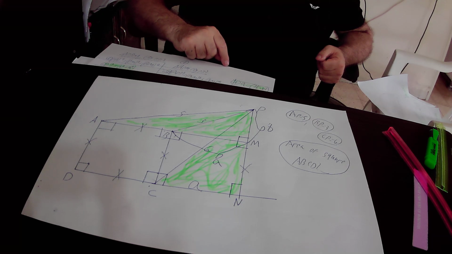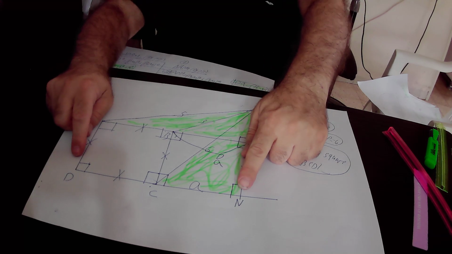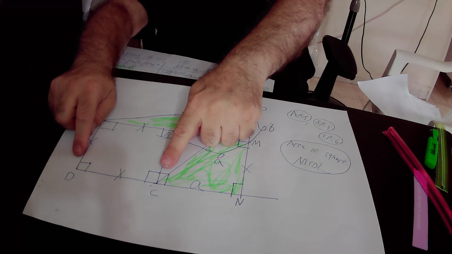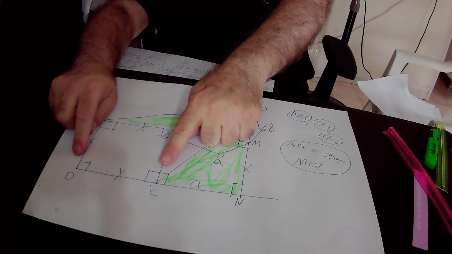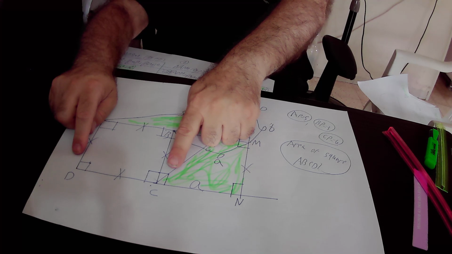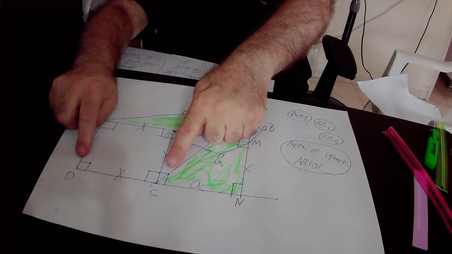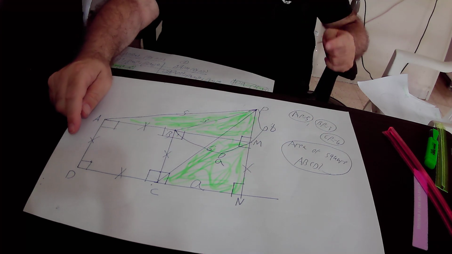If we focus on the upper side of the straight line DN at point C, the sum of the angles must be equal to 180 degrees according to the rule that the sum of the angles on one side of a straight line is 180 degrees. This angle equals 90 degrees, therefore the missing angle must also be 90 degrees.